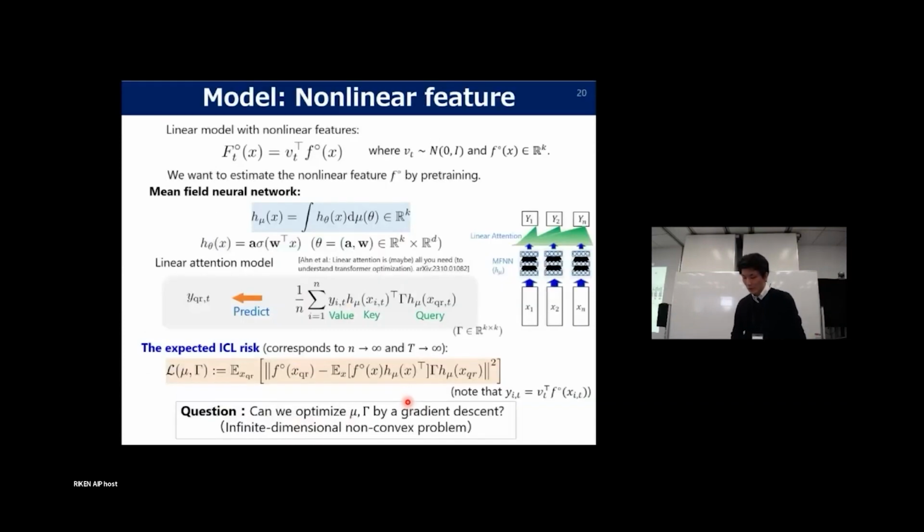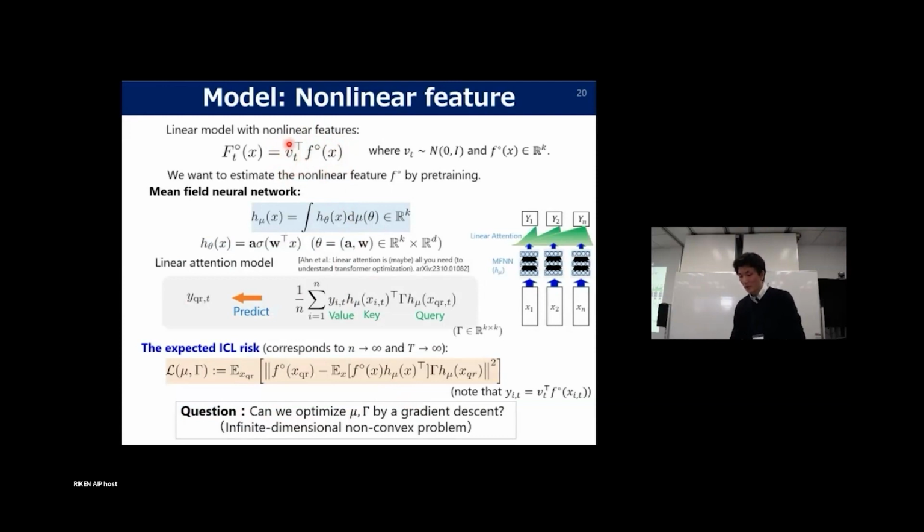Here we consider a specific situation where the true function f_t is written by a linear model, where f^o is the nonlinear features for input x. This is a k-dimensional vector, and v_t is a task-specific vector. v_t is distributed from the standard Gaussian distribution.